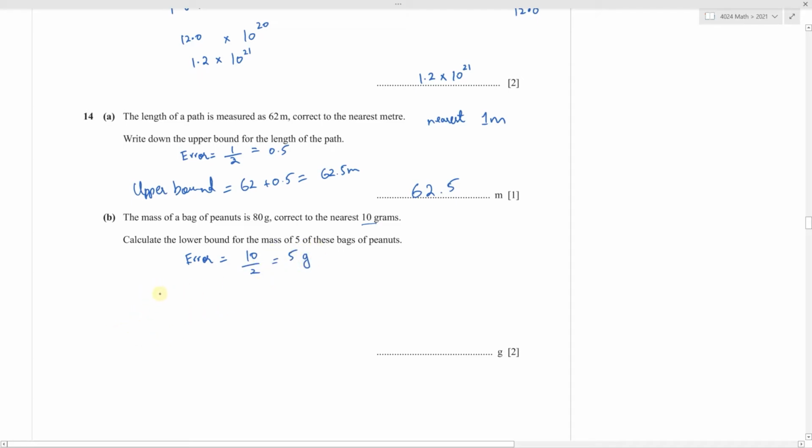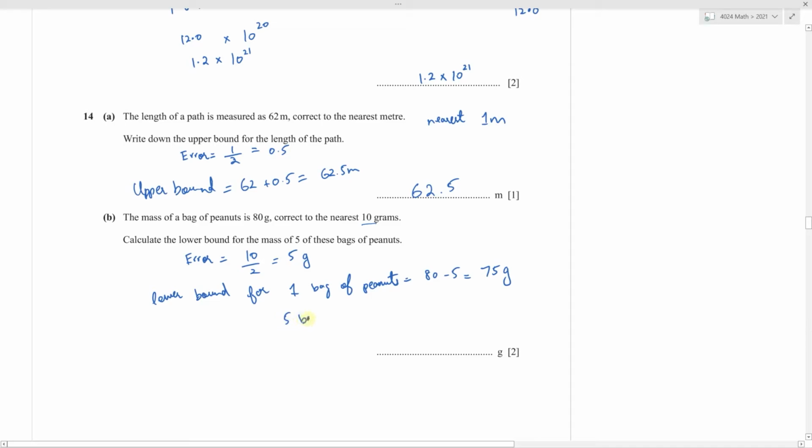First we can calculate the lower bound for one bag of peanuts. One bag of peanuts is 80 grams minus the error value. This gives you 75 grams, the lower bound mass for one bag of peanuts.